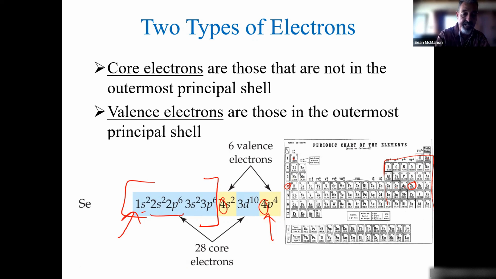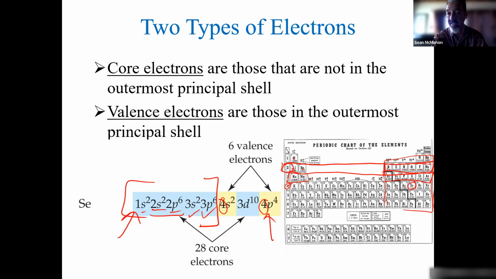Then I go to the second energy level, which has 2 sublevels, S and P, right? So as I go across the second period, I'm filling the 2s2, and then 1, 2, 3, 4, 5, 6, the 2p6. Why 2p6? Second energy level, P block, I go all the way across. Then I go to the third energy level, 3s2, 3p6, that's done. That's considered core because all of those levels are filled.